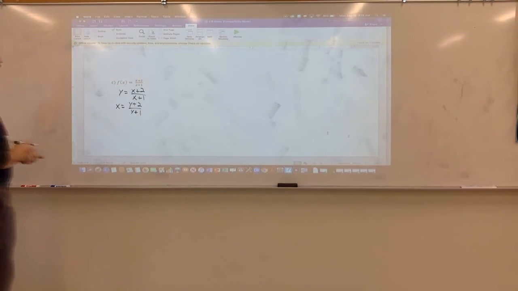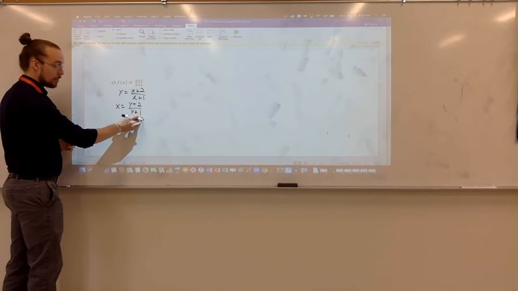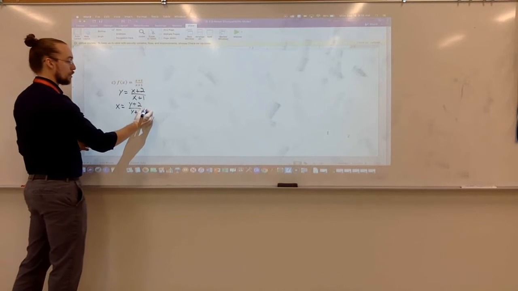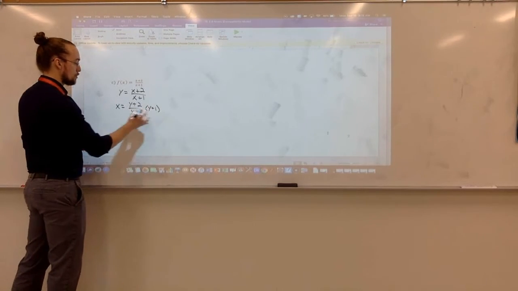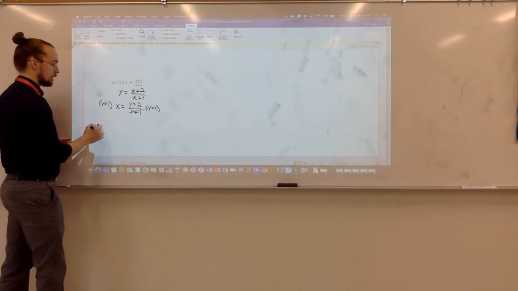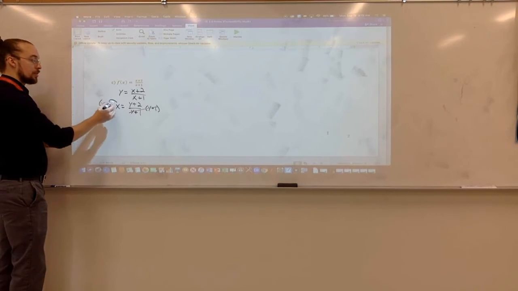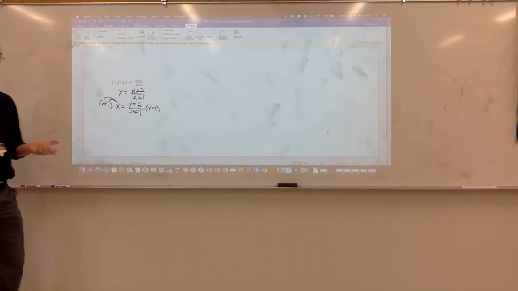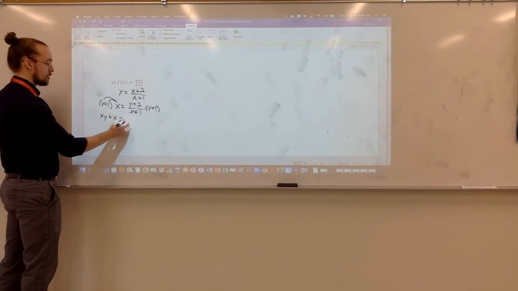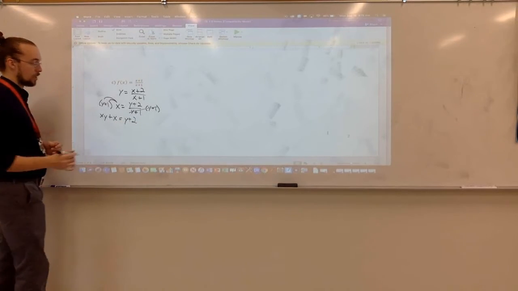Now to solve something like this, I'm going to multiply both sides by y plus 1. I always want to get rid of the denominator whenever I can. So that would cancel these out. Now, I'm going to go ahead and distribute this x through. So I get xy plus x equals y plus 2.